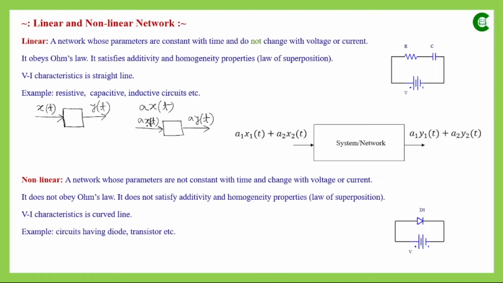So the input is multiplied by a constant multiplier and the output is also changing by the same proportion. Now suppose we take two input signals for the same network, say x1(t) and x2(t), and we multiply both the signals by different constant multipliers and add them.